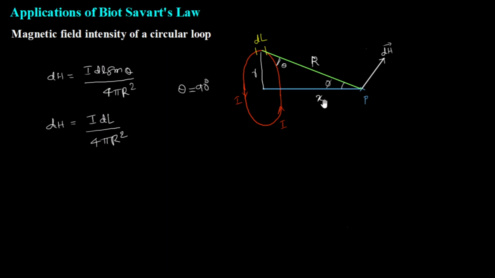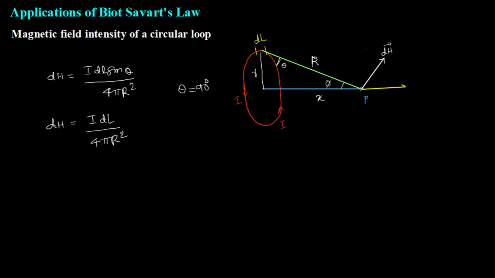Now there is something interesting here. When I have this dH in some random direction, I'll become a mathematician. I'll forget that I was a physicist. What I will do is resolve this into two components, horizontal component and vertical component, so that my further explanation of this vector will be in a definable direction.